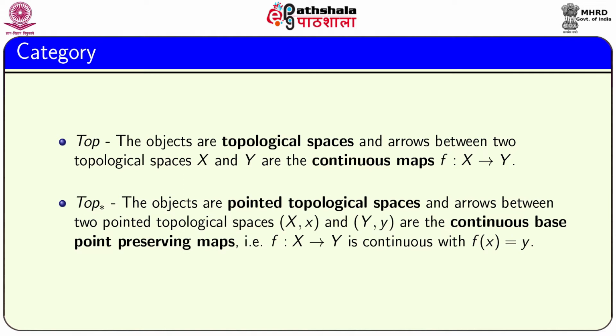We denote this category by Top*, where the objects are pointed spaces like capital X, and a specific point x is taken from capital X. So, the objects are the pairs (X, x), as well as (Y, y), where we take the point y from the space Y, and so on.